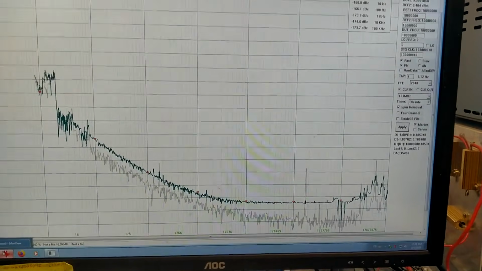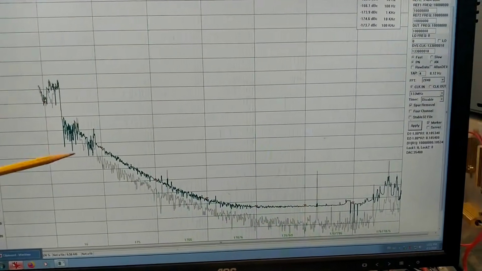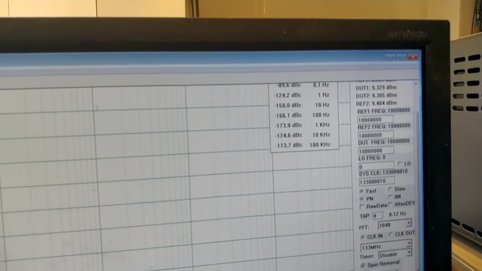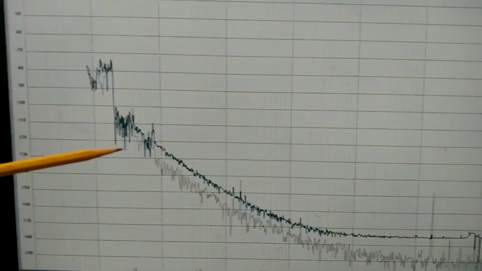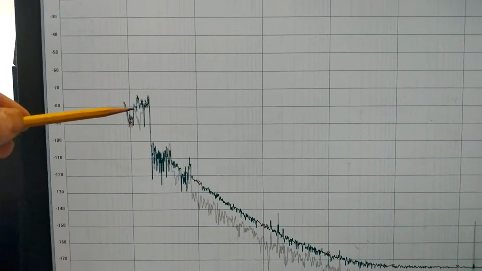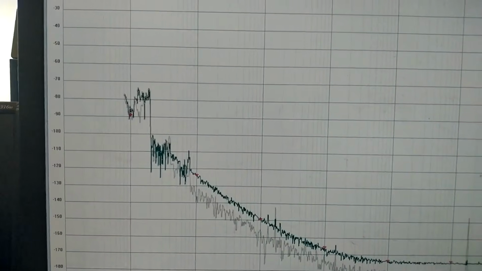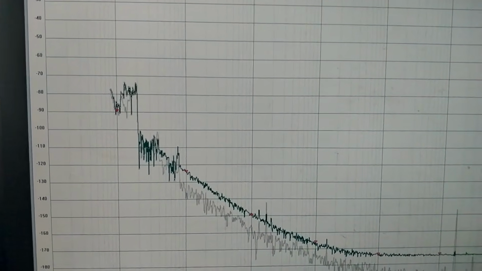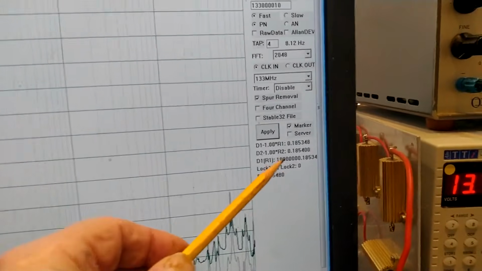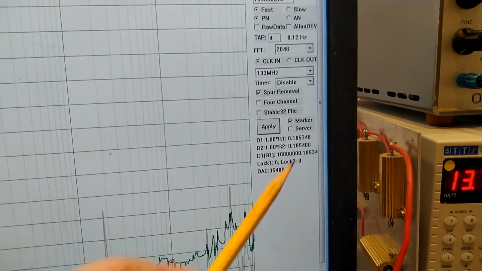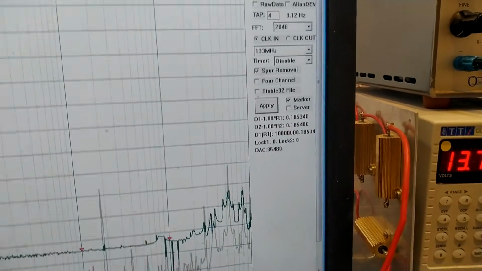And here is the phase noise. At 1 Hz here it says minus 124 dBc per Hertz. So this is quite okay. All this stuff here is because the frequency is very close to the frequency of the Wenzel oscillator. The difference is at this moment 0.18 Hz only.